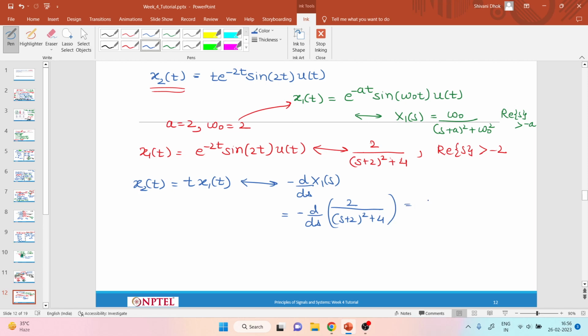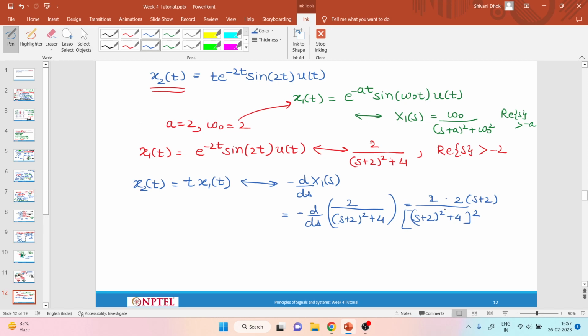This is equal to minus of minus, so it will be simply plus 2 upon s plus 2 square plus 4 whole square, multiplied by 2 into s plus 2.